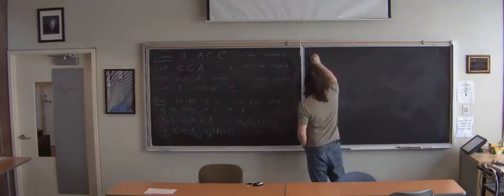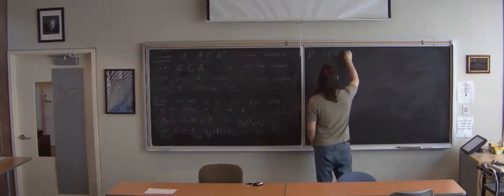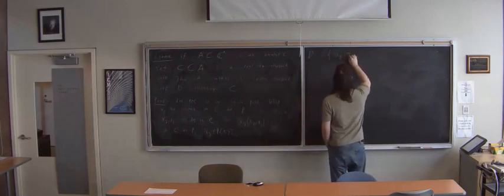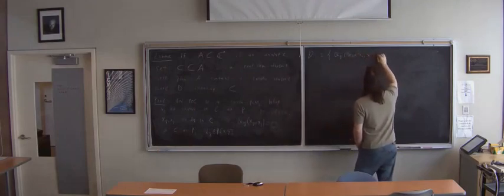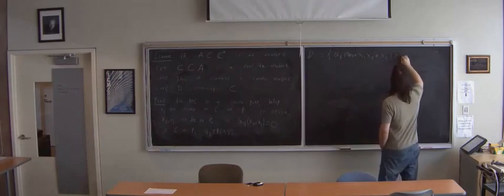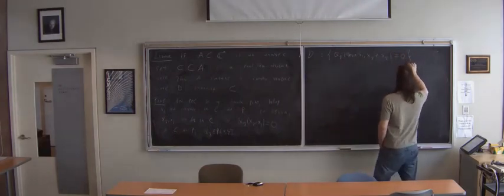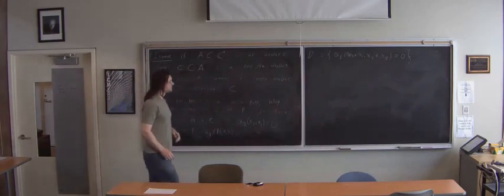So now let D be the zero set of all of these guys. Let me write this as qj(x1 plus i y1, xj plus i yj) is equal to 0. Okay?